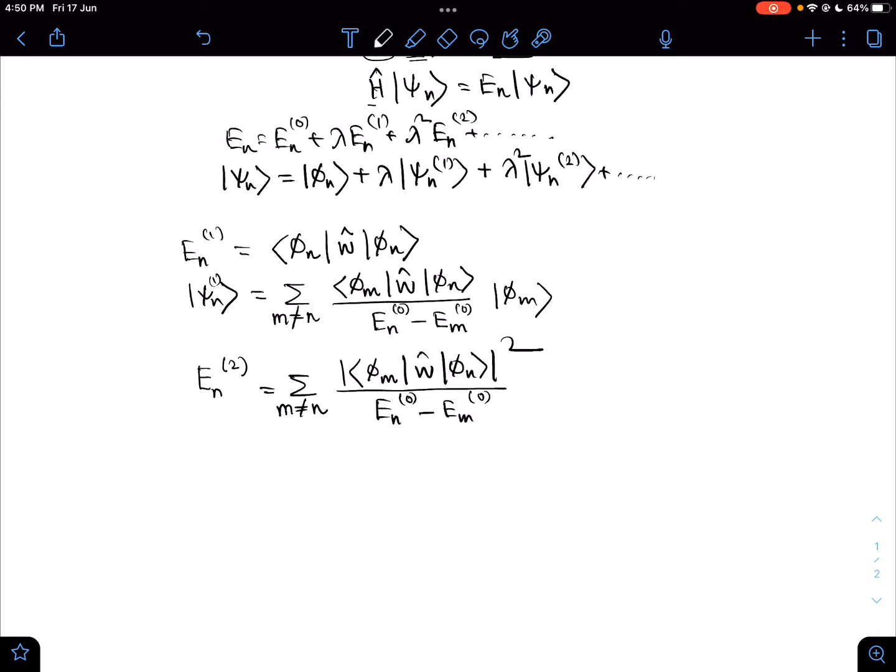Now what will be the case if we have unperturbed states which are degenerate? Suppose we have two or more different states which share the same energy.